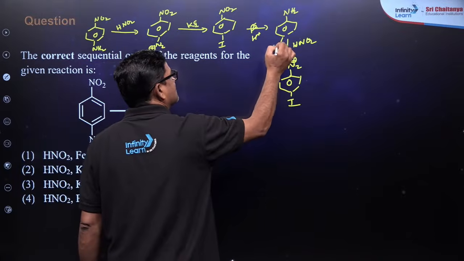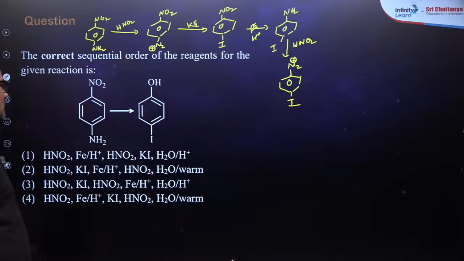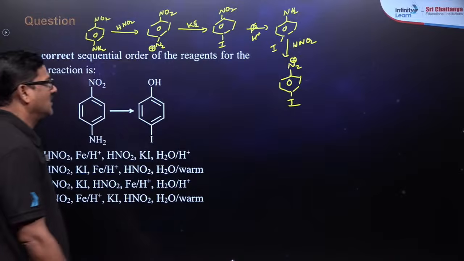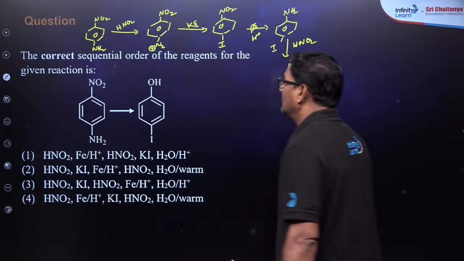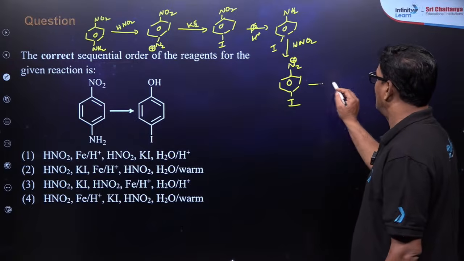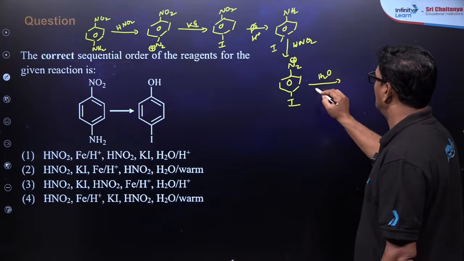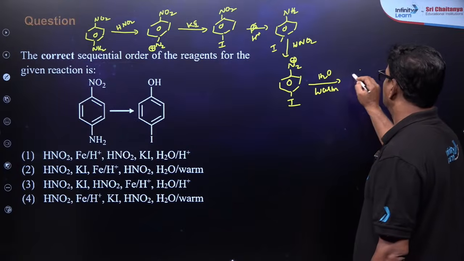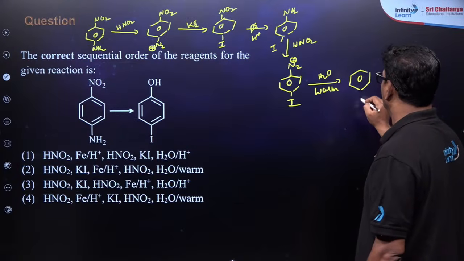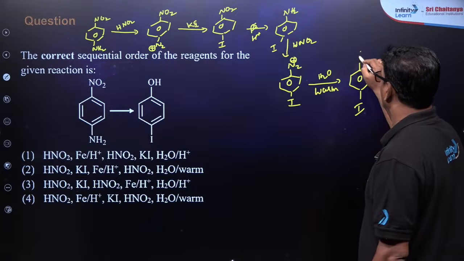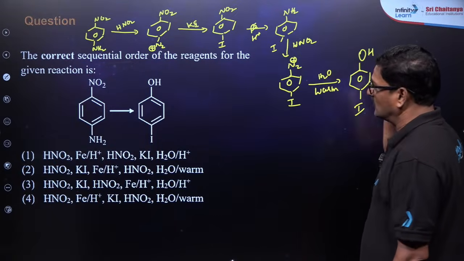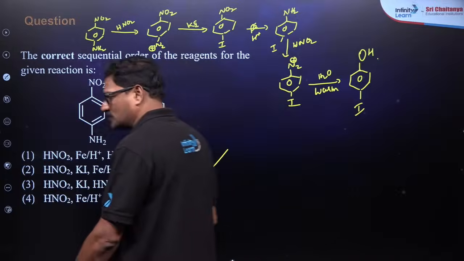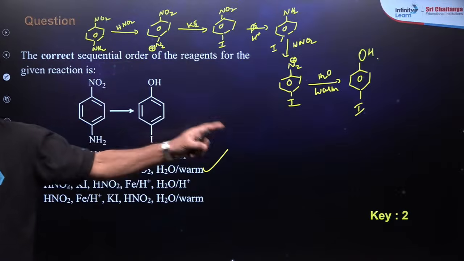Yes, iodine is there. Now you want to do with HNO2, and you are going to see this diazo compound with H2O, just warm it. So you will get iodine over here and OH over here. So the answer for this question is going to be option 2.